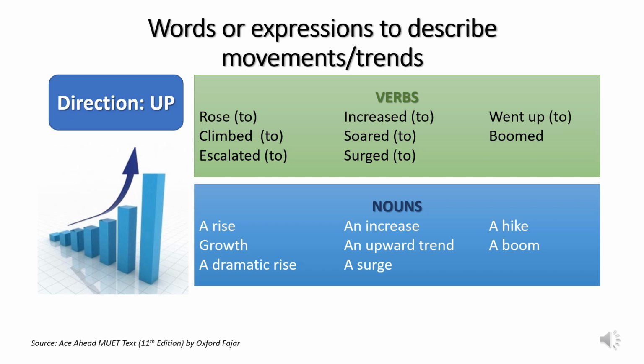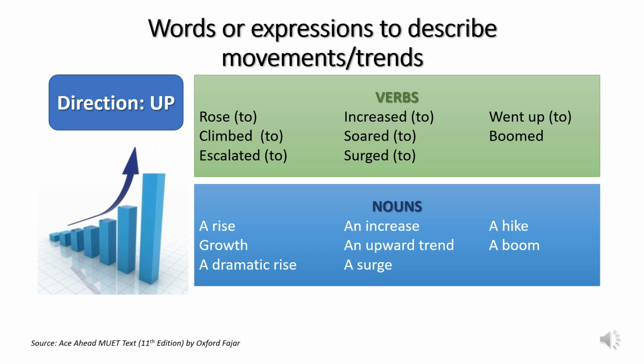For a graph which shows this direction, which is up, you can use some of these verbs such as rose to, climb to, escalated to, increase to, soared to, surge to, went up to, boom. Remember, for report writing, you have to write in past tense because you are reporting something. When you report, you have to use past tense. So make sure that your verb follows that format as well.